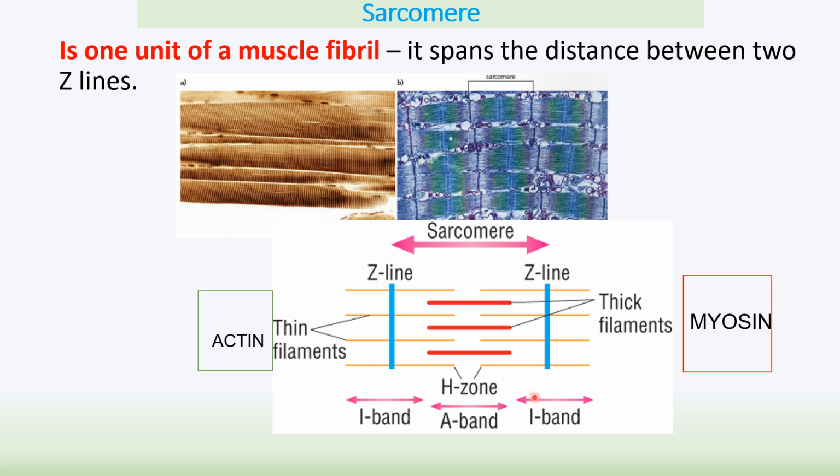And then you have the A band, which is the region where both the thick and thin filaments overlap. And then there is also the H zone, which is where there is just thick filament, which would obviously only happen when the muscle is relaxed and not contracted.